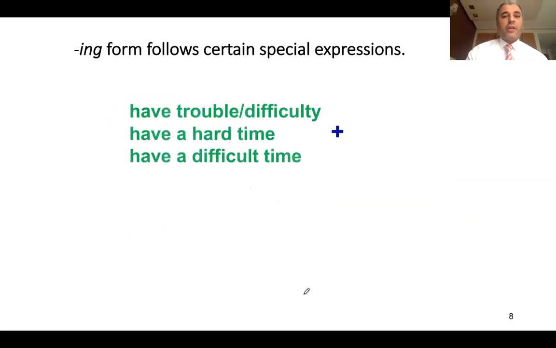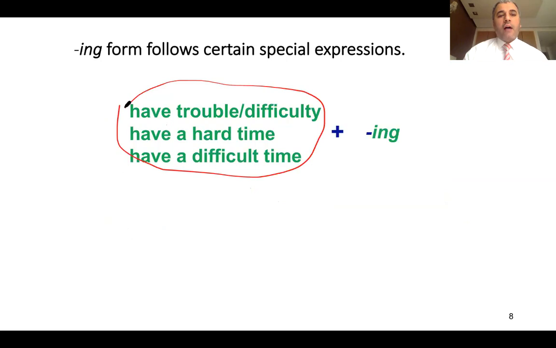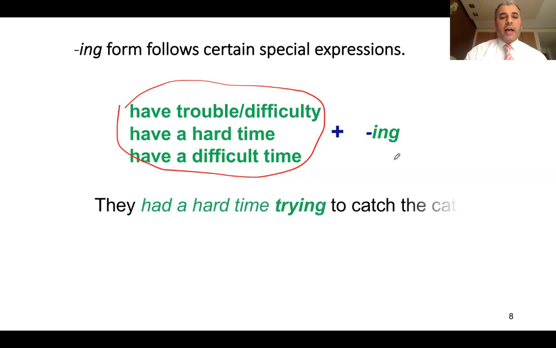ing forms follow certain special expressions, continuation of other expressions. So you have here, for instance, have trouble, difficulty, have a hard time, have a difficult time, plus ing form. So again, these expressions, when you have them, you should follow them with a gerund. Example, they had a hard time trying, okay?